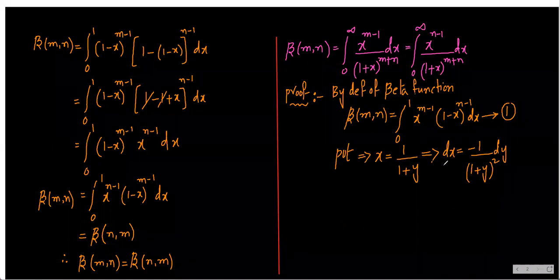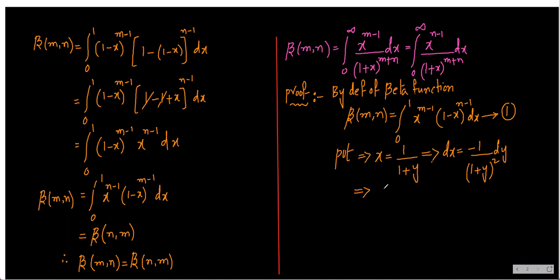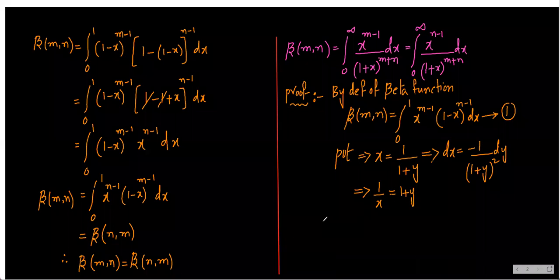After this one, we have to change their limits also. For my convenience, to change the limits, इसको थोड़ा सा format change कर रहा हूँ मैं इसका. If you take the reciprocal of this, it becomes 1 by x, which is equal to 1 plus y. Now change the limits. Lower limit. What is the lower limit? In place of x, we have 0. So if you put 0, 1 by 0 is what? Undefined.